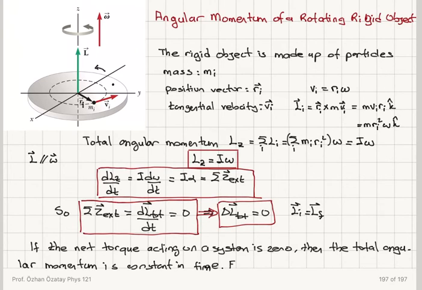And since I have shown that the angular momentum for a rotating rigid object is equal to I omega, for a rigid object this would imply L z is a constant, which means the I omega product is a constant. I initial omega initial equals I final omega final.